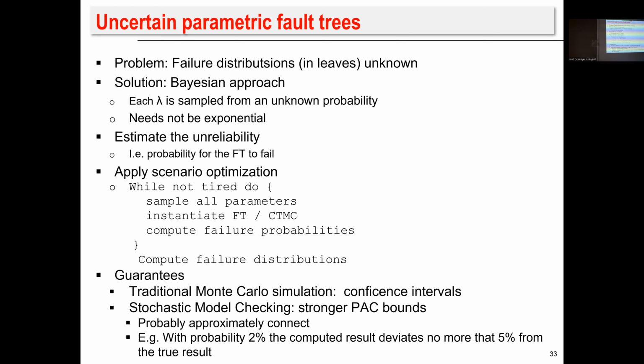The nice thing is that with this novel technique called scenario optimization, you can get much better guarantees. Traditional Monte Carlo simulation yields confidence intervals, but with scenario optimization you get so-called PAC bounds. This stands for probably approximately correct. So you can say with probability 2%, the computed results deviate no more than 5% from the actual result.